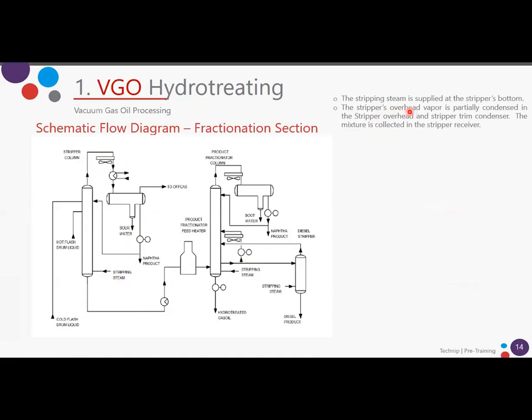The stripper overhead vapor is partially condensed in the stripper overhead condenser. So you have here an air cooler and a cooling water heat exchanger, and then of course your reflux drum, which they call the stripper receiver.